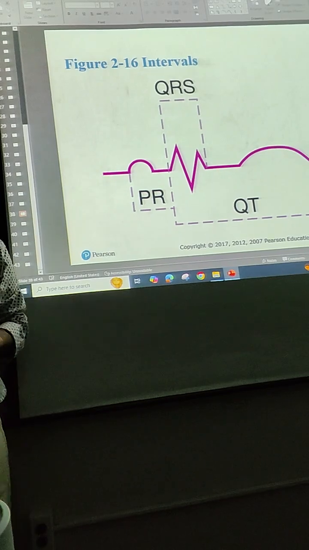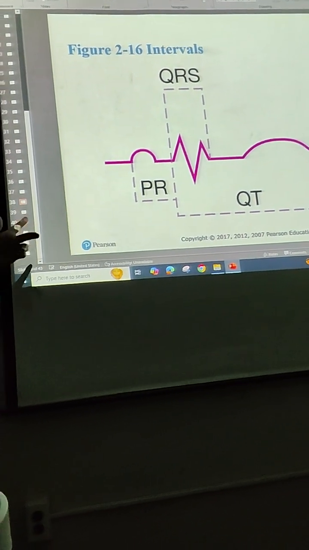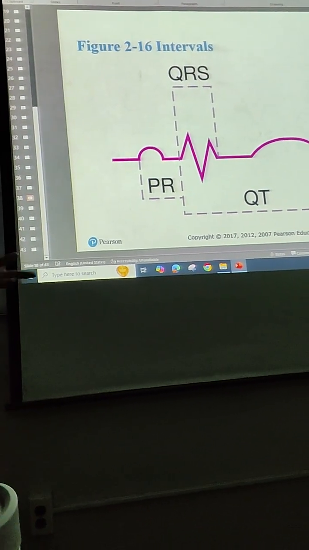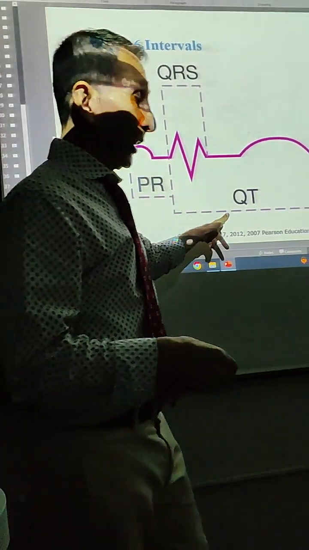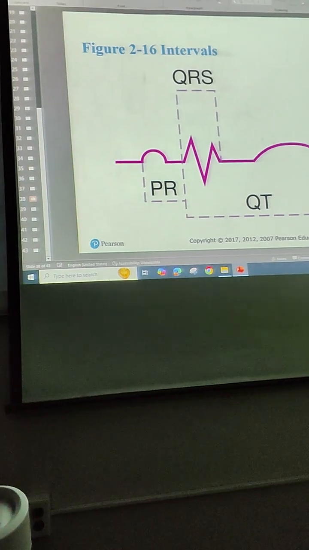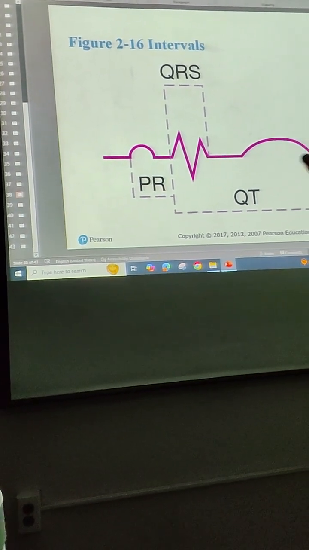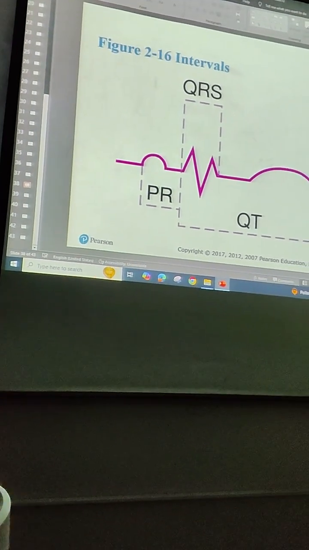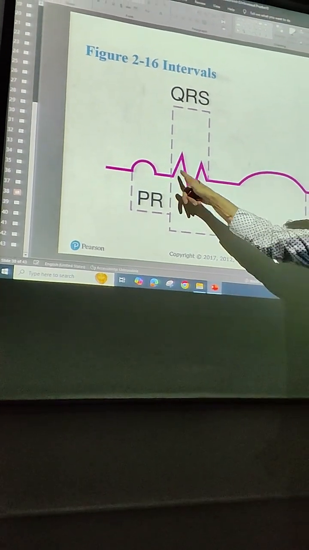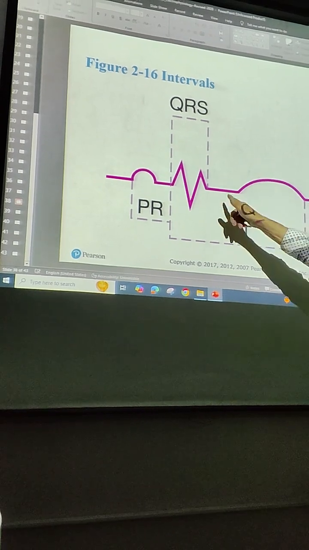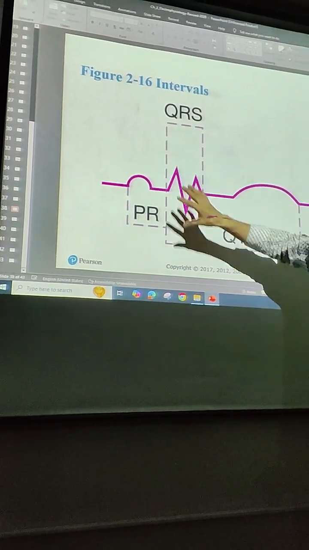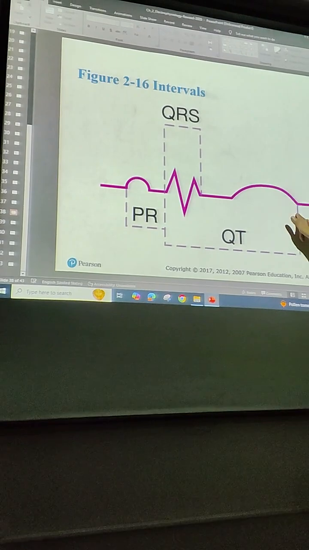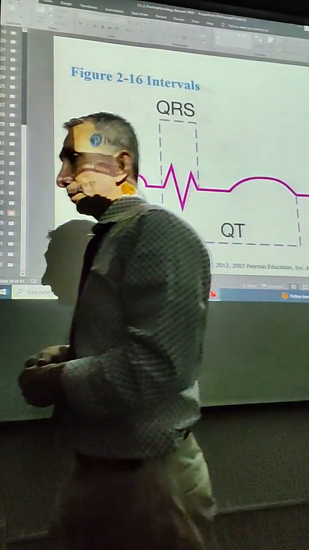The QRS, 0.06 to 0.12. And the QT, no worries about the number, it's more the distance between here and here and what is included: the QRS, the ST segment, and the T wave. That's it.